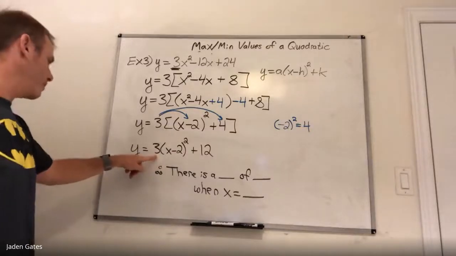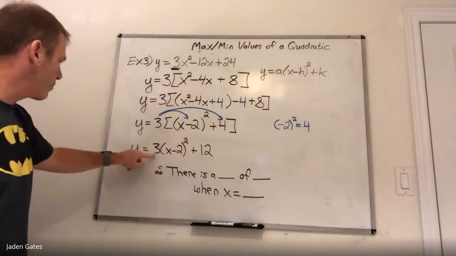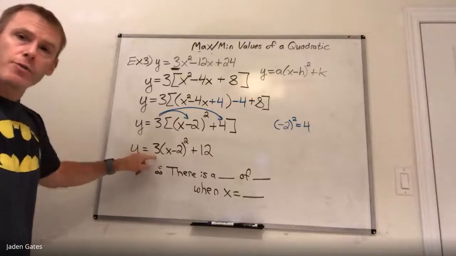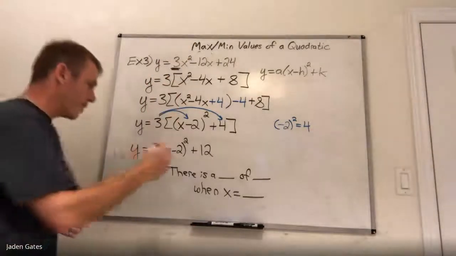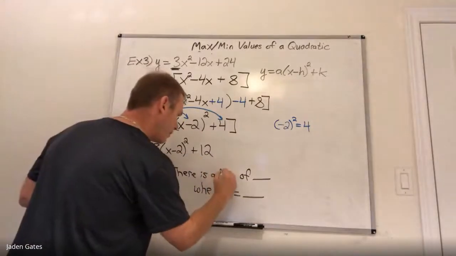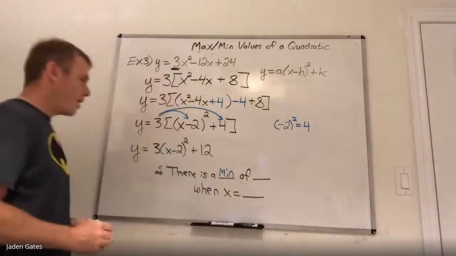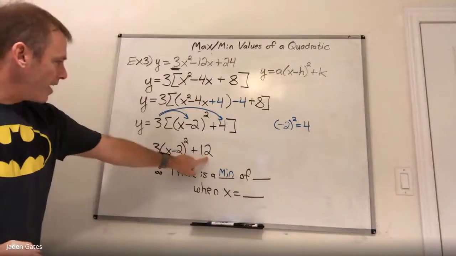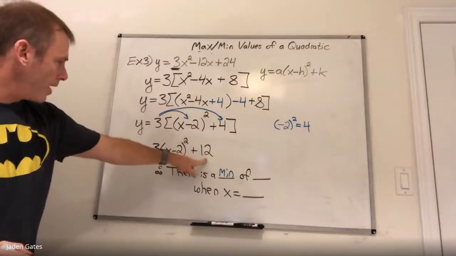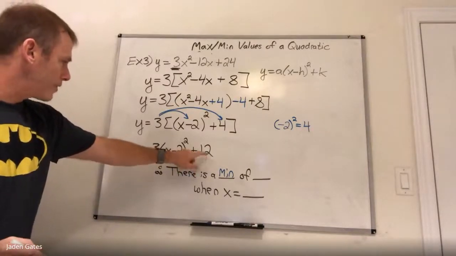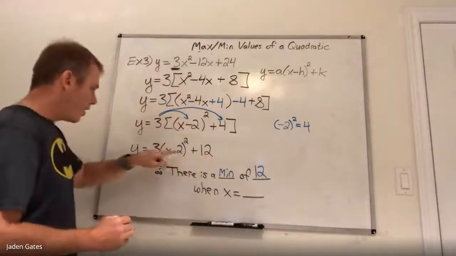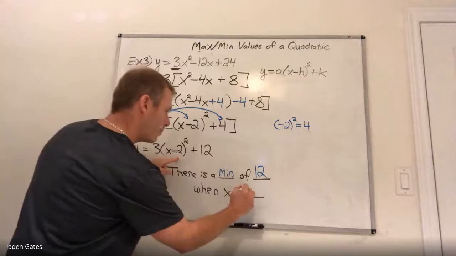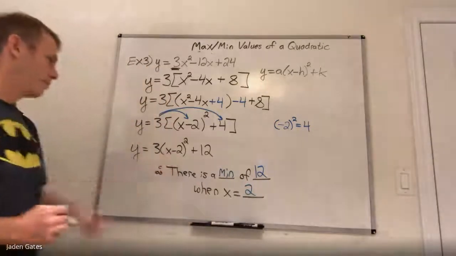The a value is positive, which means this is going to be a parabola that opens up. So, again, it's a min. And again, here's my vertical number. It's being shifted up 12, this vertex, and so it has a minimum of 12 when x is equal to 2. There we go.